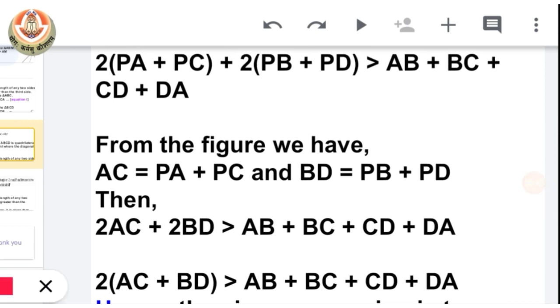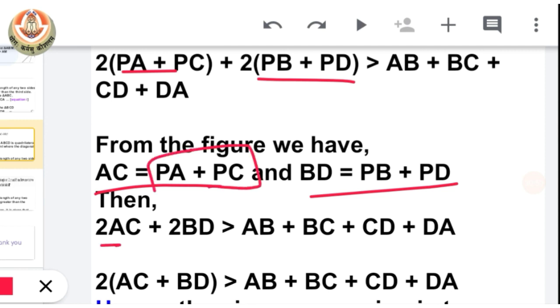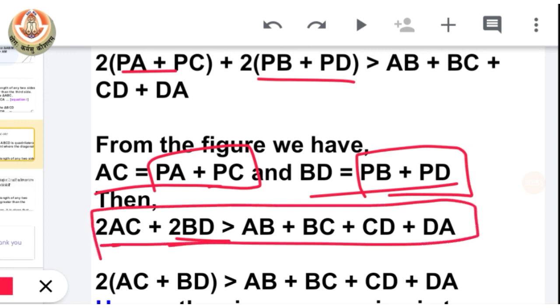And we all know that they both are the diagonals of our quadrilateral. After replacing, we get this equation, and then we take 2 common from both the diagonals.